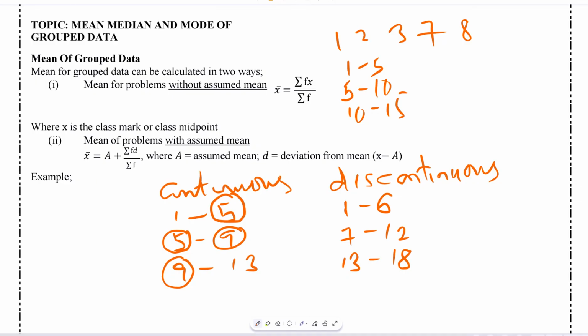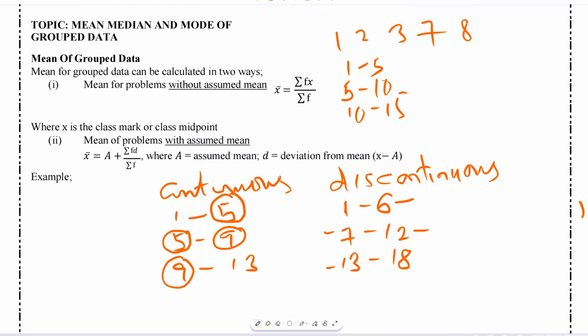This is 1 to 6, this is 7 to 12, this is 13 to 18. So this type is a discontinuous data. And what do you do in such case? What you will do is very simple. You will create what we call the class boundary. We are going to look at all those things in the next frame.